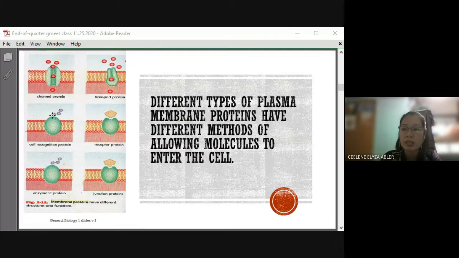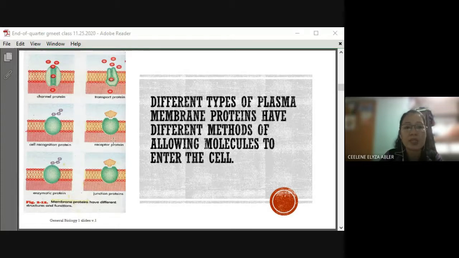It's an enzymatic protein, and it's a type of recognition protein. This is what the coronavirus hacks to enter your cell. So it's a type of cell recognition protein.